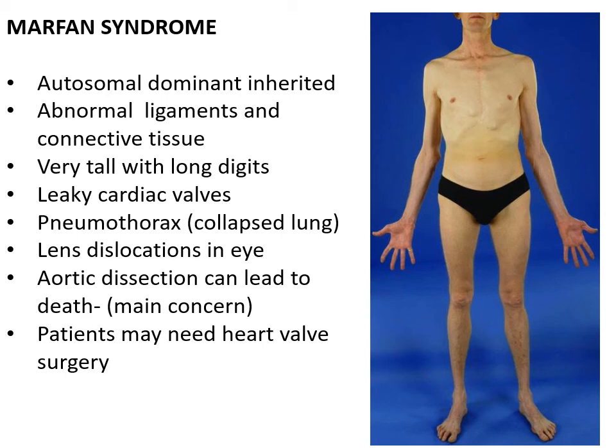Okay, so that's not uncommon in patients with Marfan syndrome. The ligaments that are holding the lens in the eye are loose, so the lens can actually dislocate out of its position and end up floating in the back of the eye.